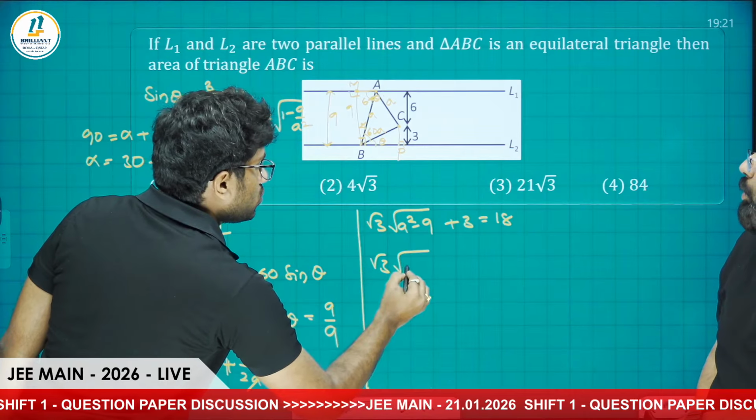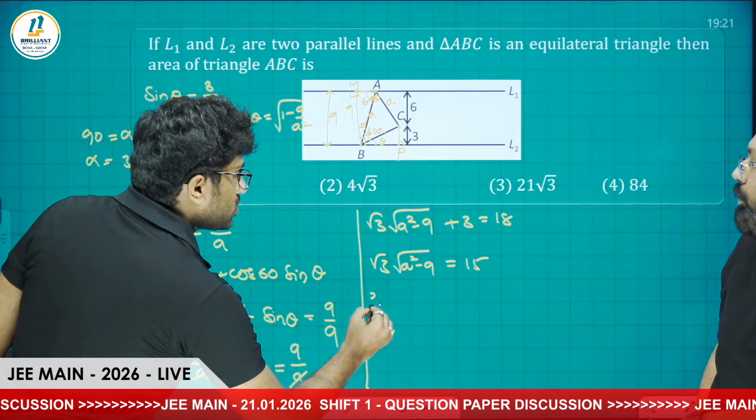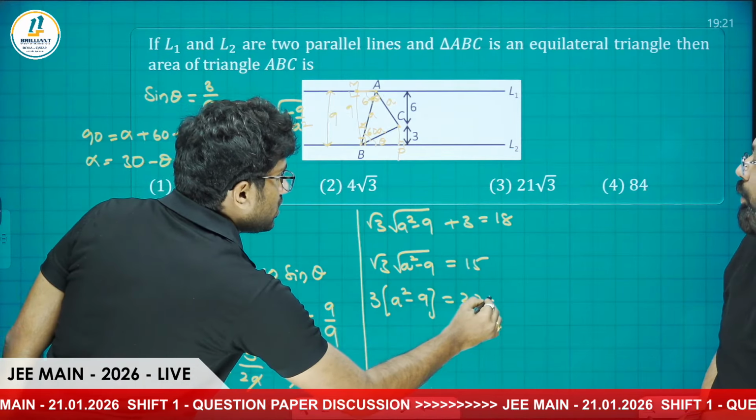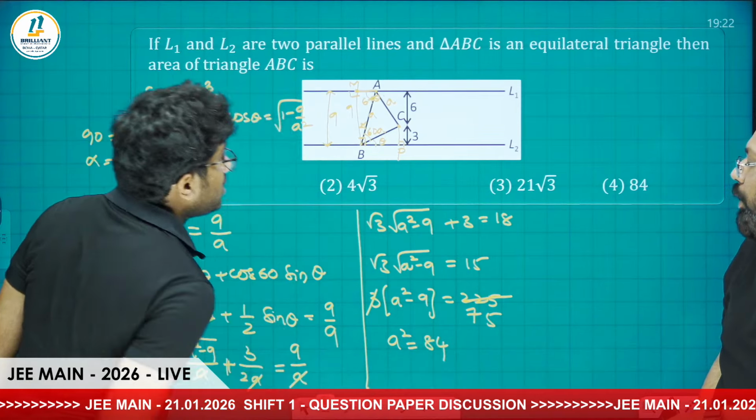So root 3 into root over A square minus 9 is equal to 15. Squaring on both sides, 3 into A square minus 9 is equal to 225. A square is equal to 75 plus 9, which is 84.